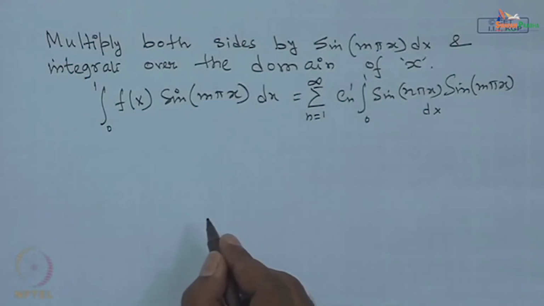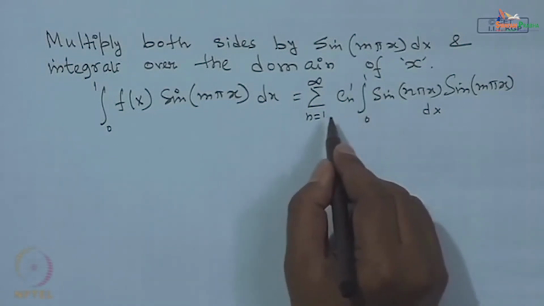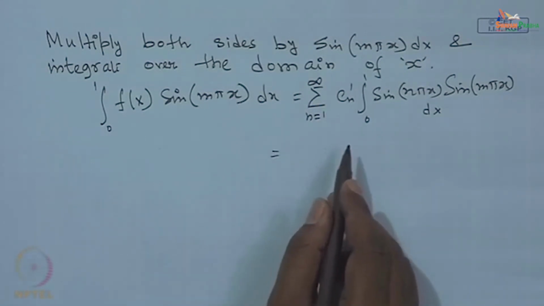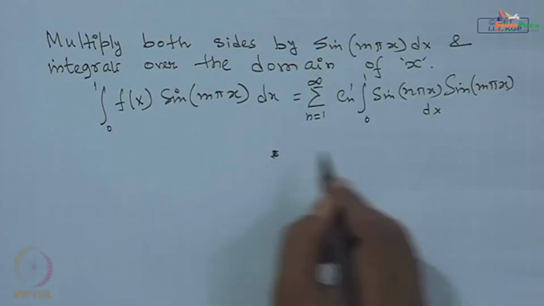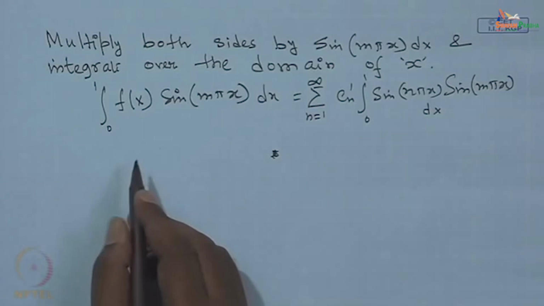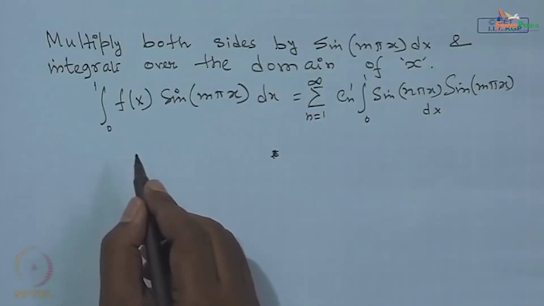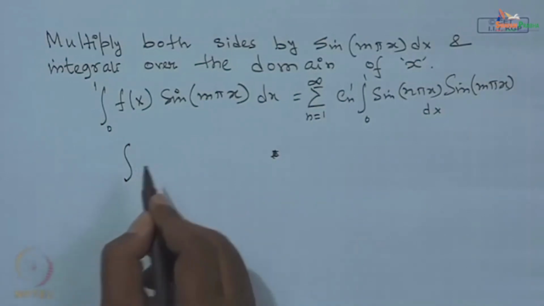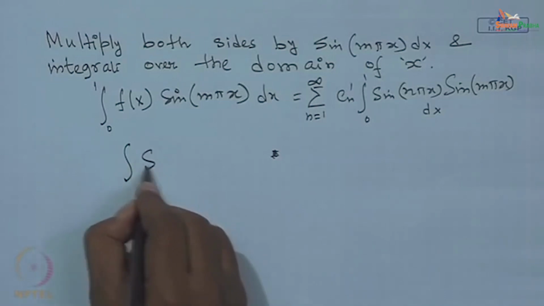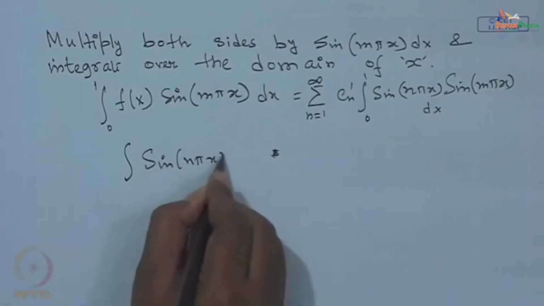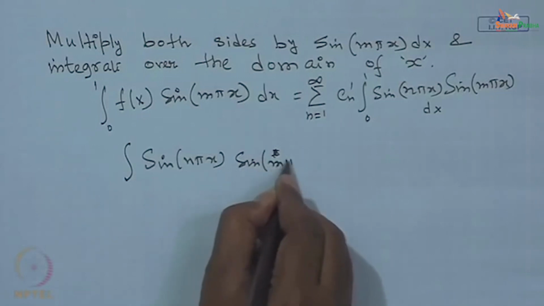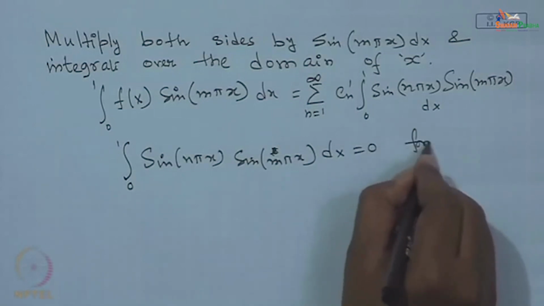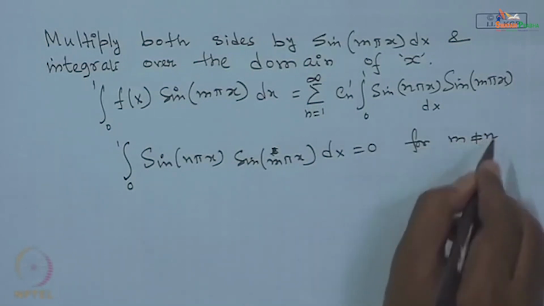Now, let us open up this summation and utilize the property of orthogonal functions. We have already proved that the sine functions and cosine functions are orthogonal functions. That means since the eigen functions are orthogonal functions, the integral of sin n pi x sin m pi x dx from 0 to 1 is equal to 0 for m not equal to n.